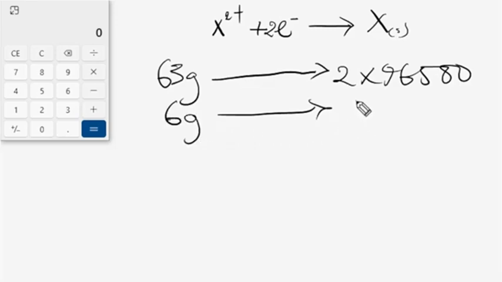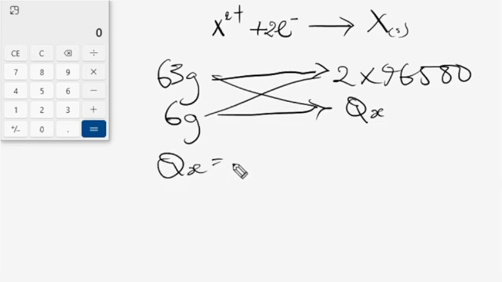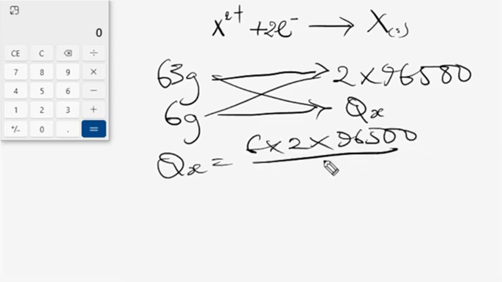So let's call this Q for x. So we are going to cross these out, and then the Q for x here is going to be 6 times 2 times 96,500 over 63.